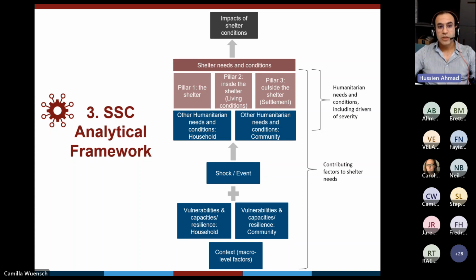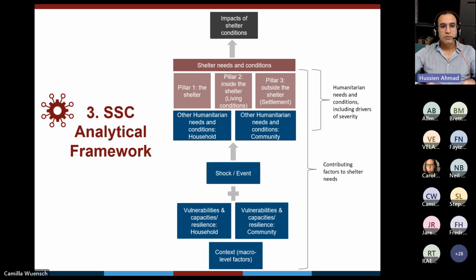The first one is whether we have a shelter, a home to live in. The second is how we practice our domestic life, our daily life inside the shelter. And the third is how we practice our life outside the shelter, how we communicate, how we have access to our surroundings in terms of settlement, infrastructure, and so on.